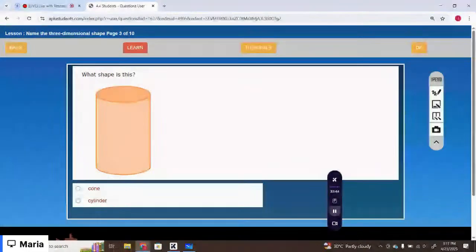Is it cone or cylinder? That is a cylinder.